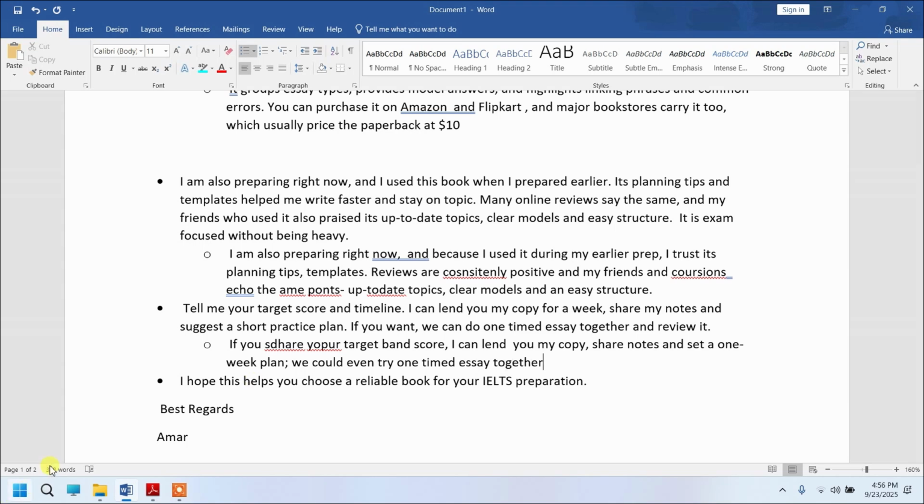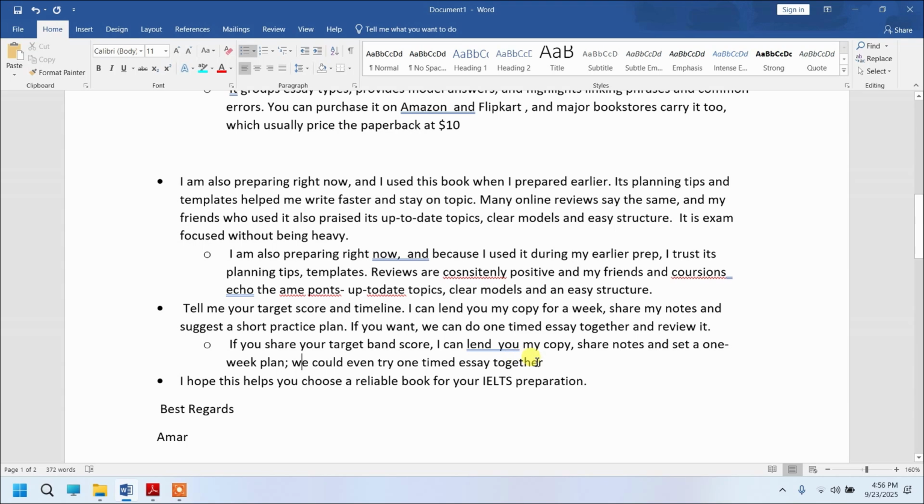Done. Now see what I have done. This was a simple sentence, and this was also a simple sentence, and here it was your if conditional. So what I have done here: if you share your target score, I can lend you my copy, complex. And then I have joined this independent clause with this independent clause with your semicolon.